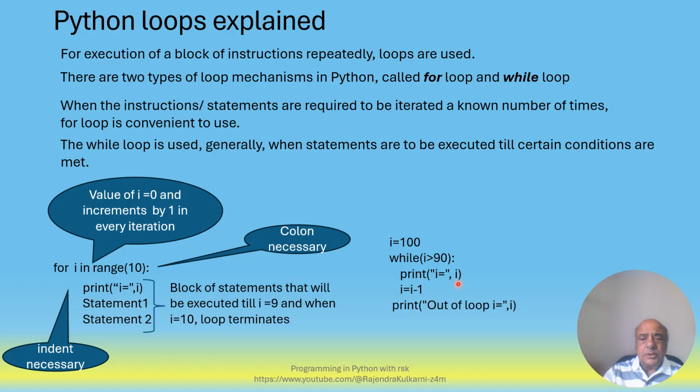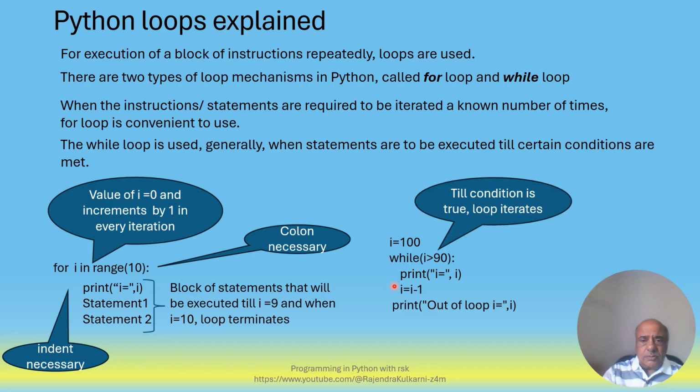In a while loop we have to take care that the value of I is incremented or decremented as per our program logic, specifically giving a statement like I is equal to I minus 1. In this case we are decrementing it. If you want to increment, it will be I is equal to I plus 1. And when the value of I is 90, the loop will terminate, and the print statement outside the loop will be executed.